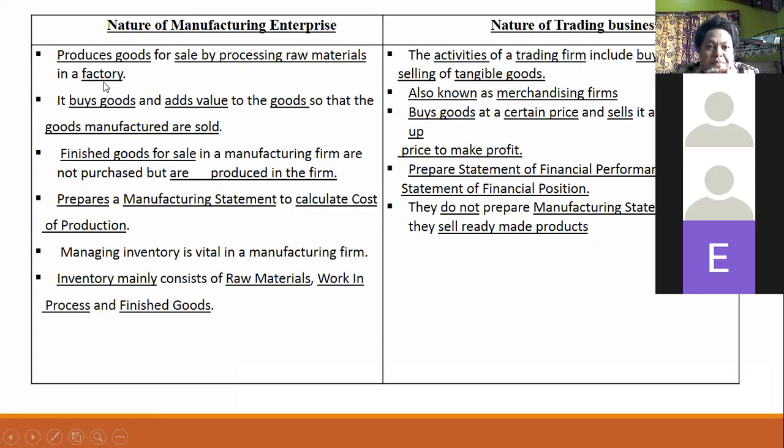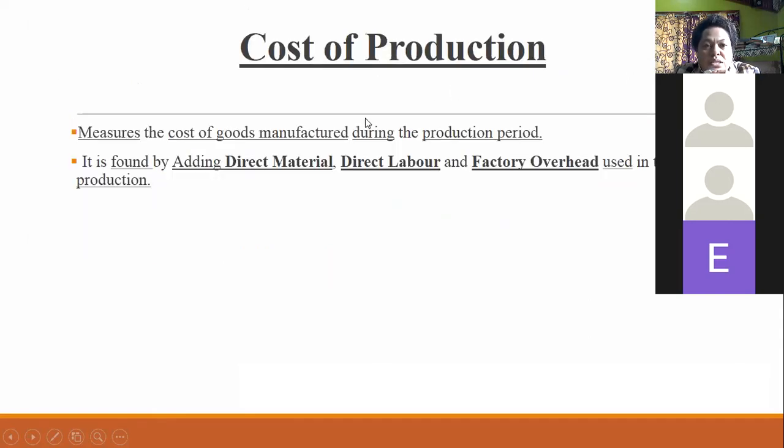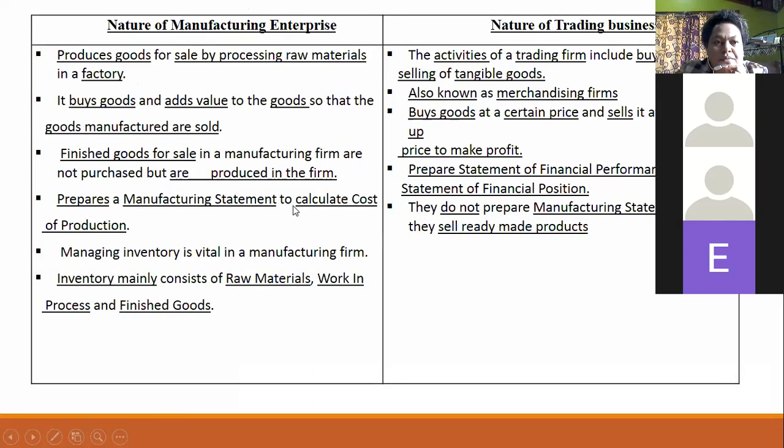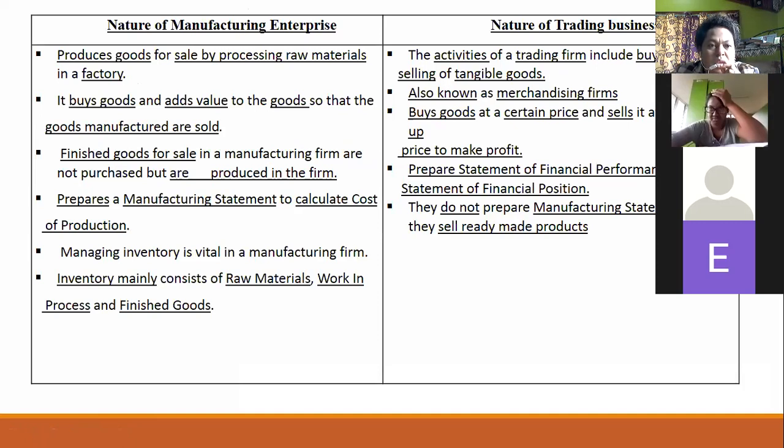Compared to the trading firms, which buy finished goods from the manufacturing enterprise and sell those finished goods. Are you with me? Yes, madam.